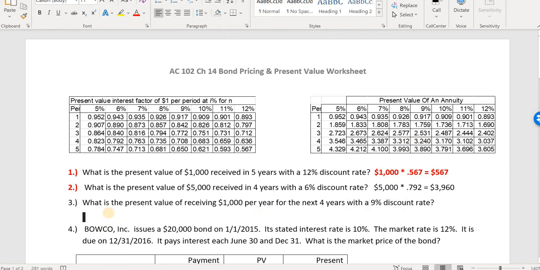So to figure out what it's worth, I would take my $1,000 a year times my factor of 3.240, and I would find that it's worth $3,240. Receiving $1,000 a year for 4 years with a 9% discount rate.